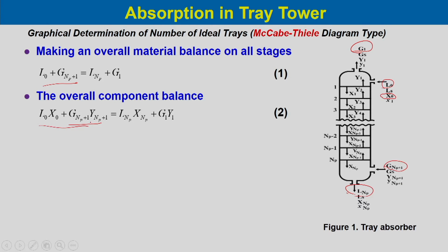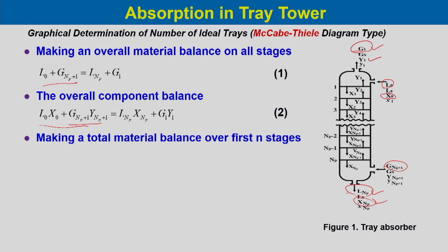So, this is the inlet, and the exit composition is L n p into x n p, plus G 1 into capital Y 1. So, this is the overall component balance.